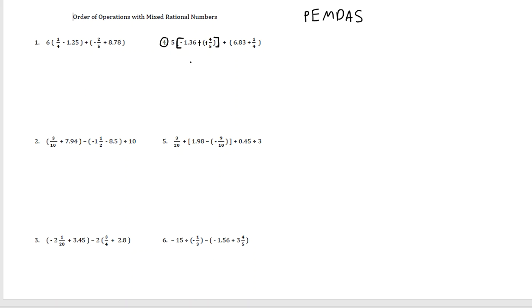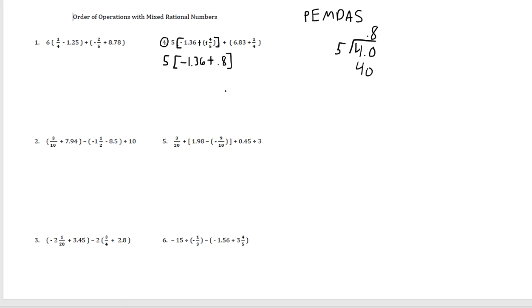So now I'm doing a negative 1.36 plus a positive 4/5. I'm going to change this 4/5 to a decimal by taking the top number, dividing by the bottom number, and that is going to be 0.8. So, negative 1.36 plus 0.8. That's what we have inside of our bracket.